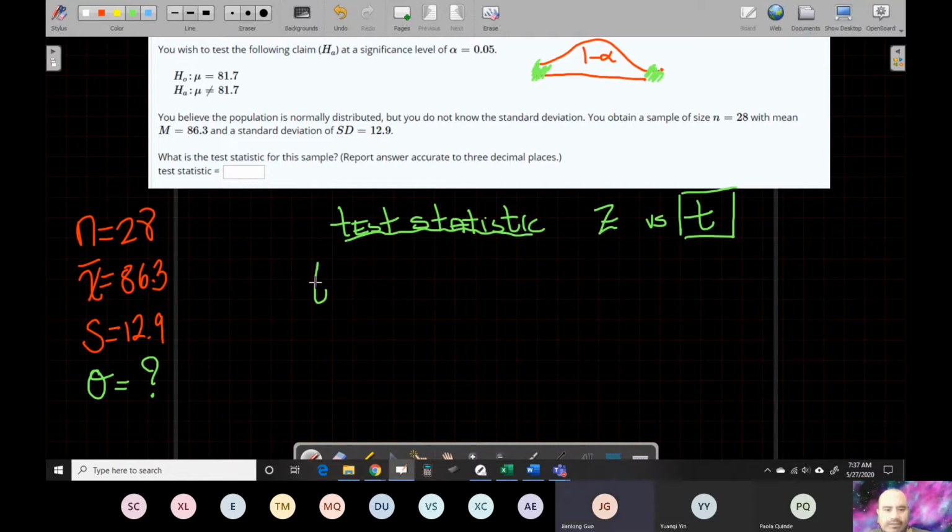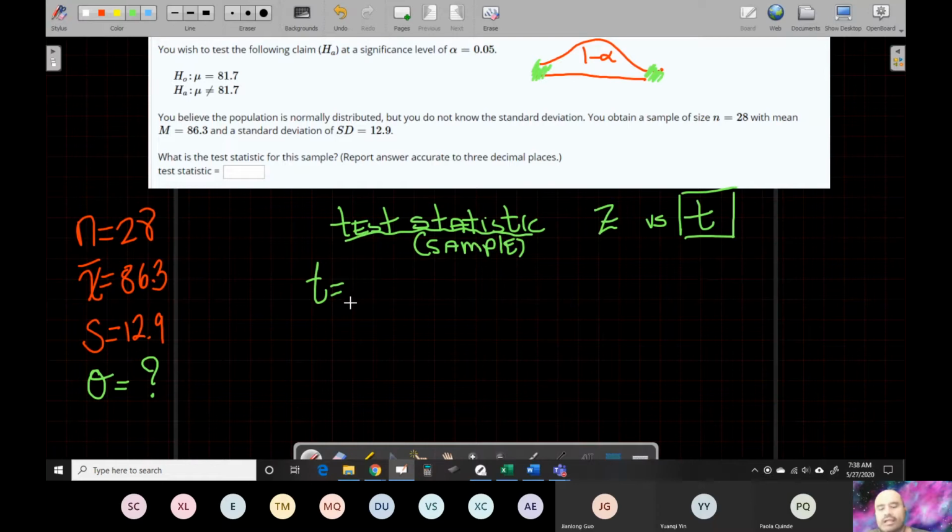So the t-value is what we're going to do. Now, how do you get the test statistic? Test statistic means the information comes from the sample. The word statistic also refers to sample, right? We studied that right at the beginning.